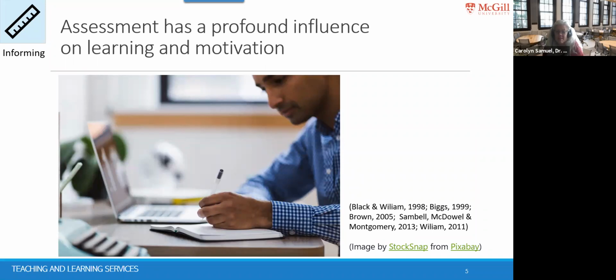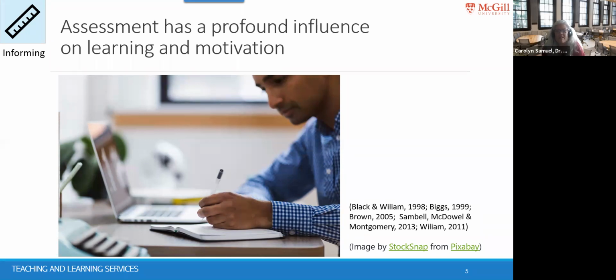Now, what does that mean in terms of course design? It means that assessment is one of the first things to think about when designing a course. For some of you, that might be counterintuitive. A lot of us think, what's the content that I'm going to teach? And we might be thinking, how am I going to teach this content?